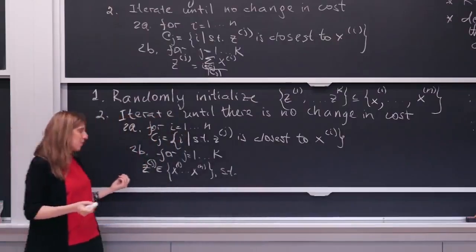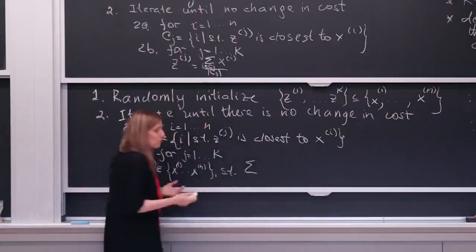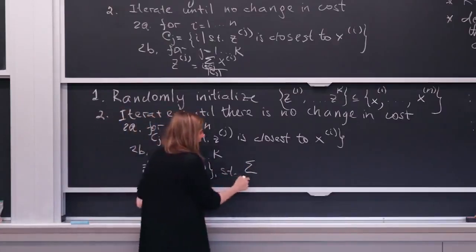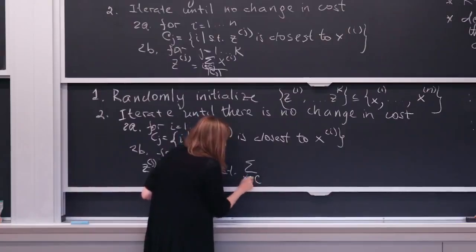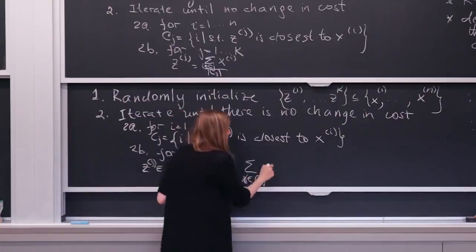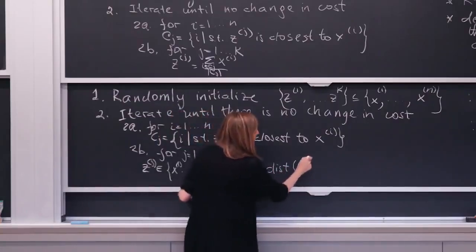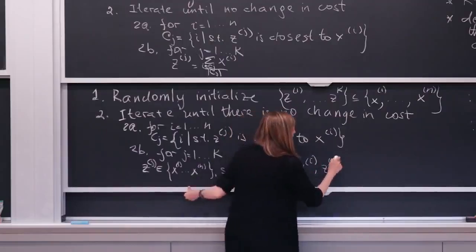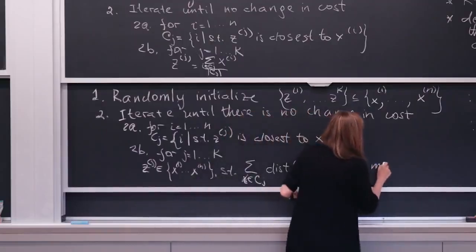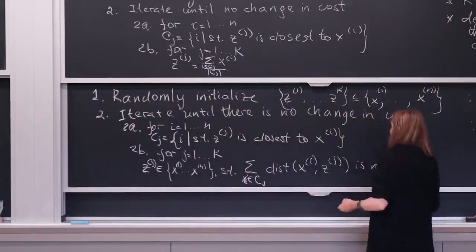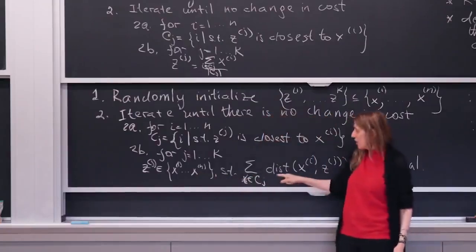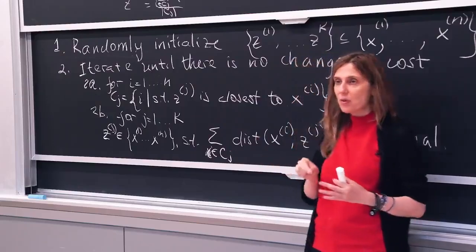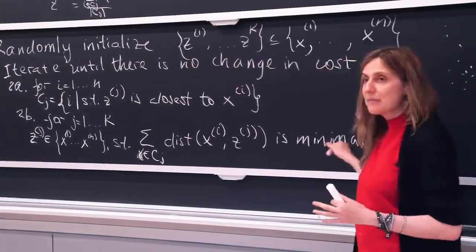I am going to select this point such that, if we are looking at the distance between this point and all the other members of the group Cj, we would want this distance to be minimal. So we will select one of the points from our original cohort such that the sum of distances from this point to all the members of this cluster is minimal.